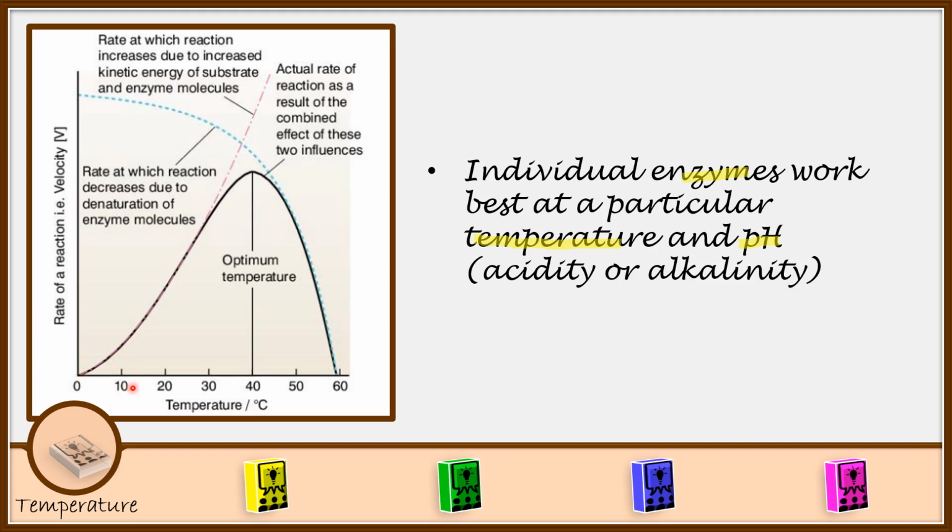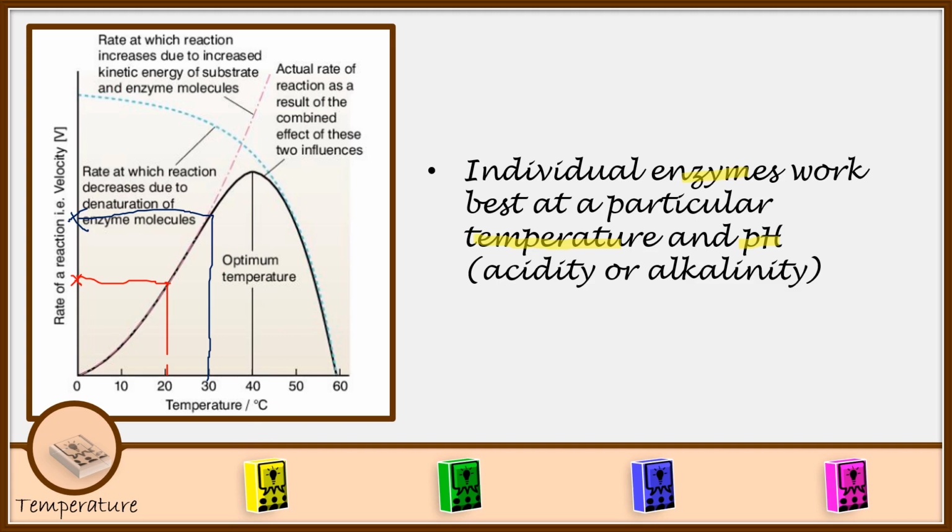But as we increase the temperature, the rate of reaction also increases. When you keep on increasing the temperature, the rate of reaction keeps increasing until we reach what we call the optimum temperature.